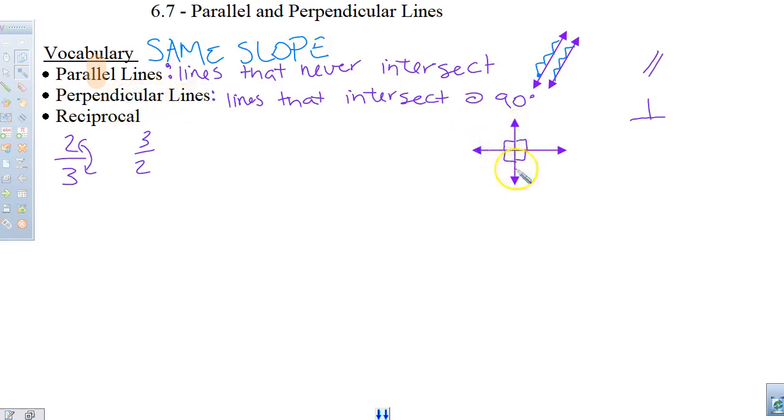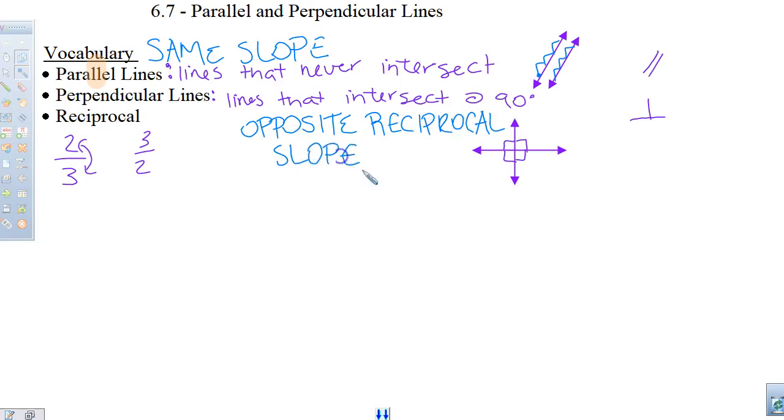Perpendicular lines, though, because they do intersect, do not have the same slope, but they have what we call the opposite reciprocal slope. As an example of opposite reciprocal, let's say that our slope were 3/4.